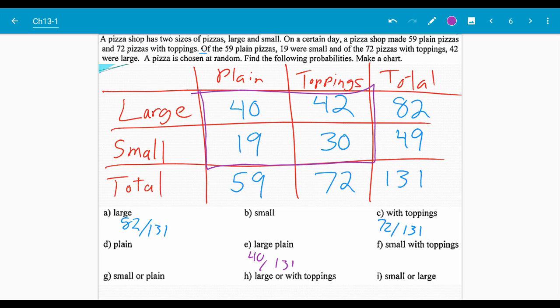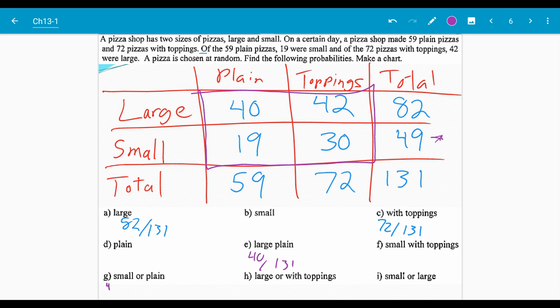Down below, let's look at letter G. Here's where we see that word or. What's the probability of a small or a plain pizza? You could do this a couple of different ways. Okay? Go with me for a second, even if it's not the way that you would initially do this. A small pizza. We have a total of 49 small pizzas.